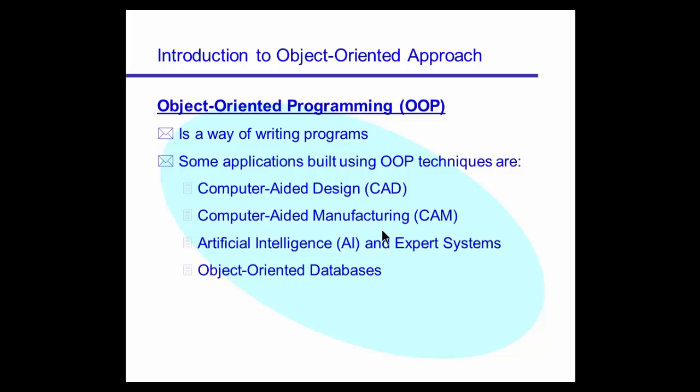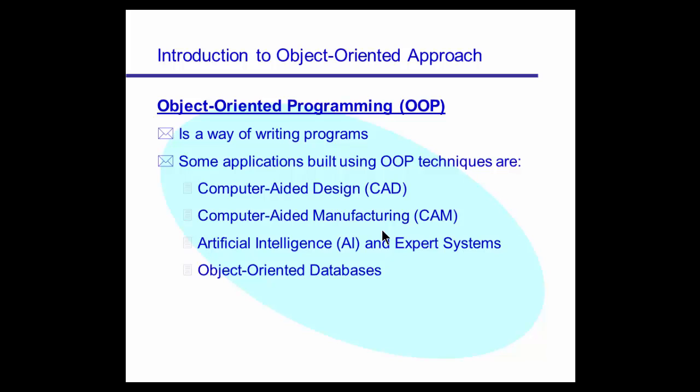Next we look into what OOP is. Now we have had enough of the object oriented analysis part and the object oriented design part. What are the various characteristics of the object oriented approach, and now the real terminology of object oriented programming. It is a way of writing programs, a programming paradigm.